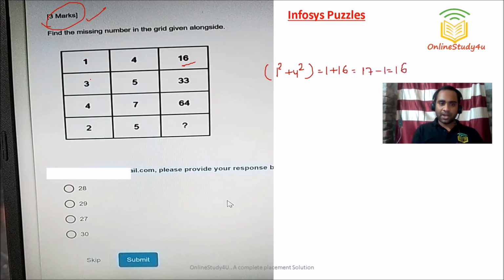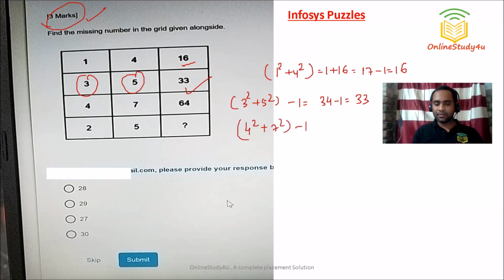Okay, so what I'm going to do, I'm going to make a square of this, 3 square plus 5 square, and then subtract 1. So 34 minus 1 will be 33. Done. Okay, then 4 square plus 7 square, and then subtract 1 from this. So 16 plus 49 will be nothing but 65, minus 1 will be 64.